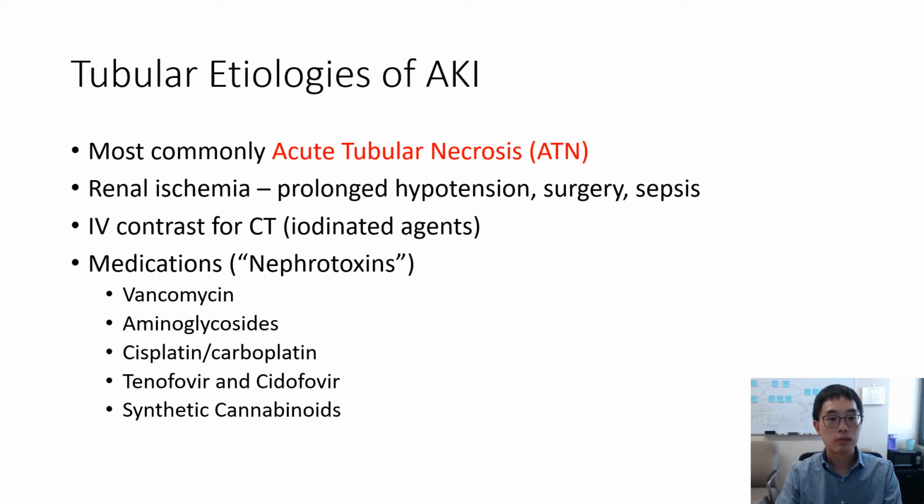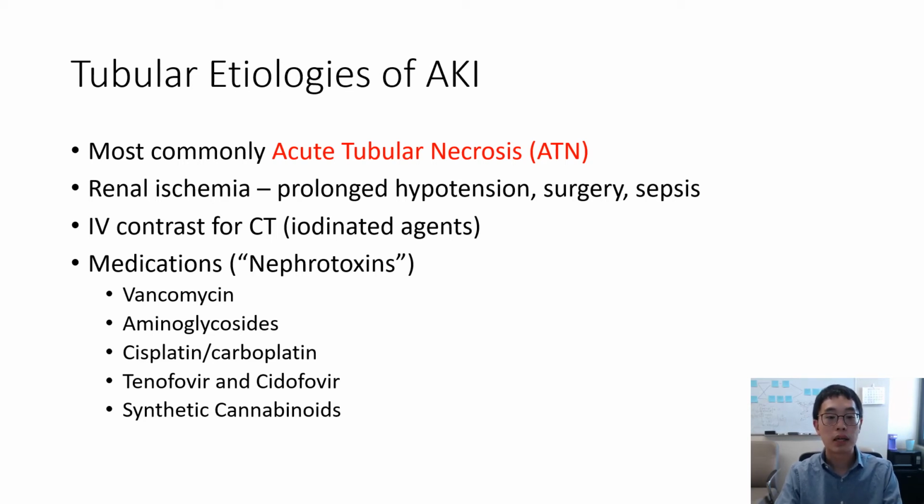So then let's move on to the tubules. The tubular etiologies of AKI, especially acute tubular necrosis, are the most common causes of acute kidney injury that you'll see in the hospital. These are usually from renal ischemia, prolonged hypotension, surgery, sepsis. Basically, you have decreased perfusion to the kidneys.